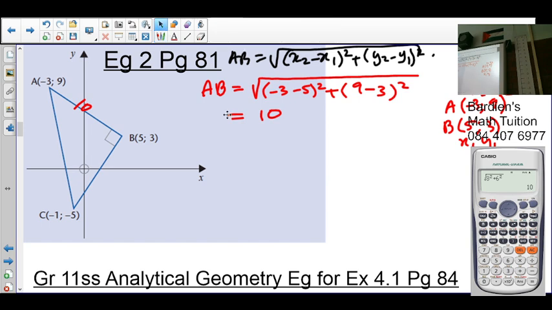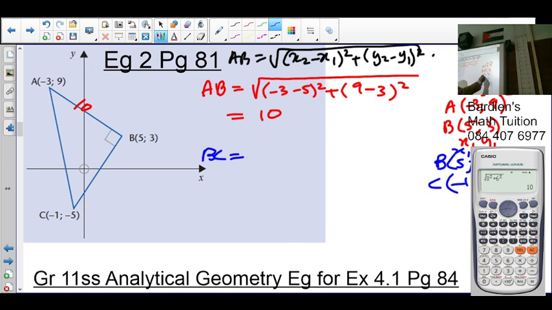Then you're going to work out the length of BC. How do you work out BC? Same. Do I have to write the formula down again? No. Normally you just write the formula down once. So it's x2 minus x1, y2 minus y1. Again, if you had made B x1 y1, then C would be x2 y2.